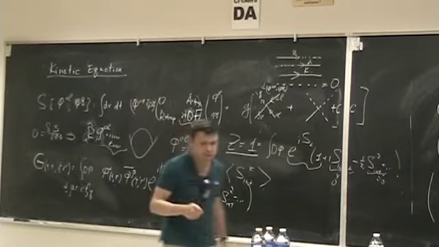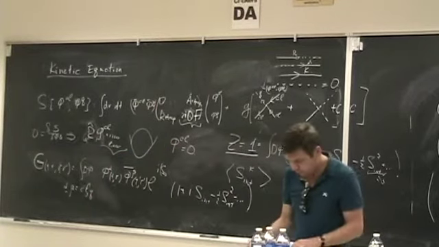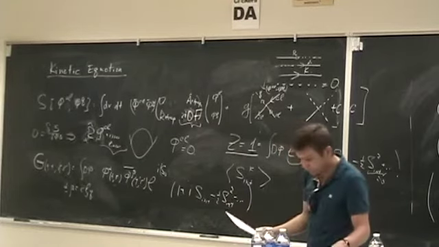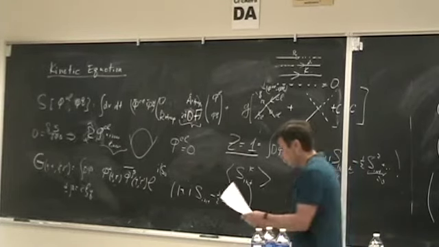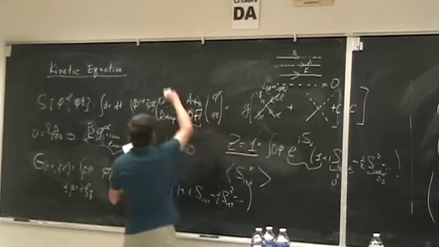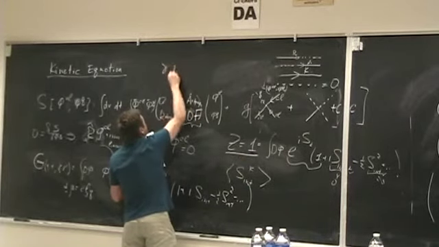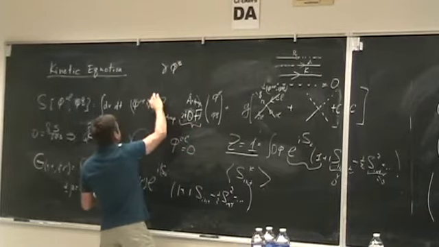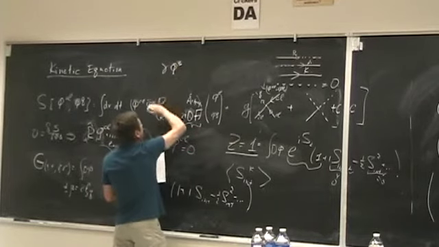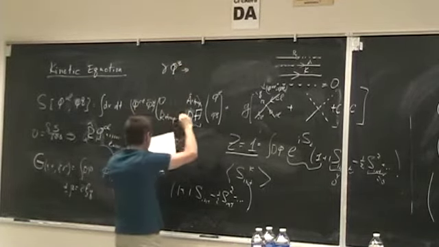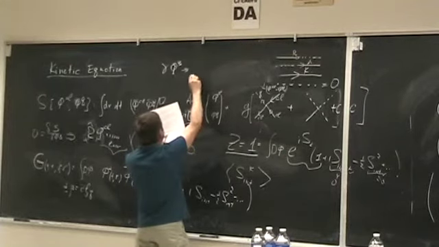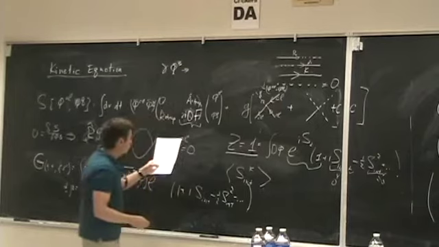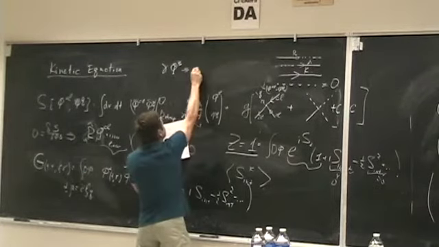So let's see what notations I'm going to follow. I will have gamma phi to the 3, and phi is now real. It will produce things like this. After I split it into forward, backward, classical, quantum, it will give me two vertices.